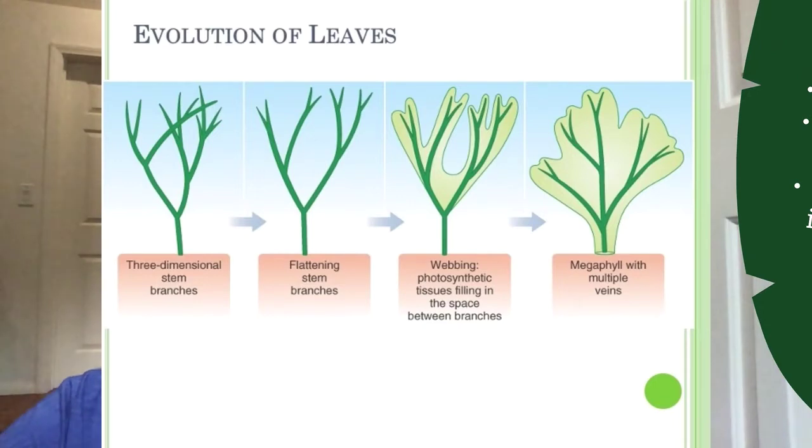The leaves actually began to evolve during a time in Earth's history when carbon dioxide levels were declining. So developing a flattened blade allowed the leaf to have more gas exchange, because it had more surface area to insert more of these stomata. Again, we'll study stomata later, but just realize right now they're little pores on the underside of the leaf. The more there are, the more CO2 can come in, and the more CO2, the more photosynthesis can occur.